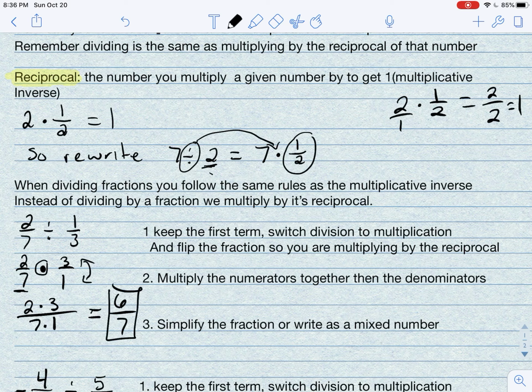There you have your answer: 2/7 divided by 1/3 is 6/7. One thing to think about here is, if you're dividing by a number smaller than 1, you should get a number that is larger than your original fraction. And 6/7 is larger than 2/7.